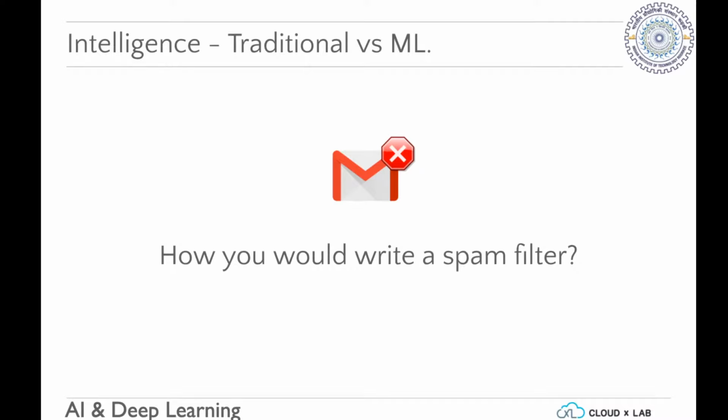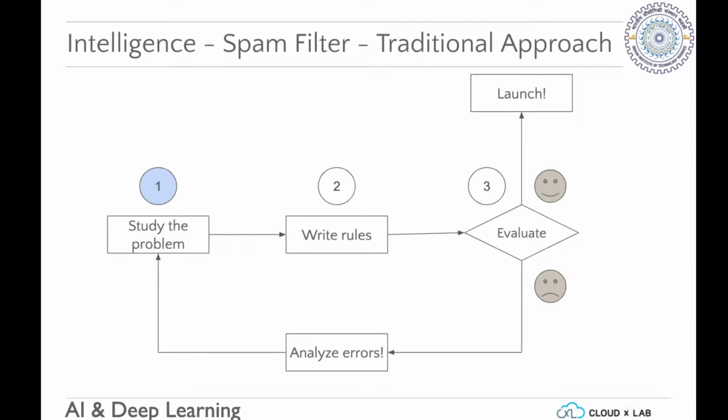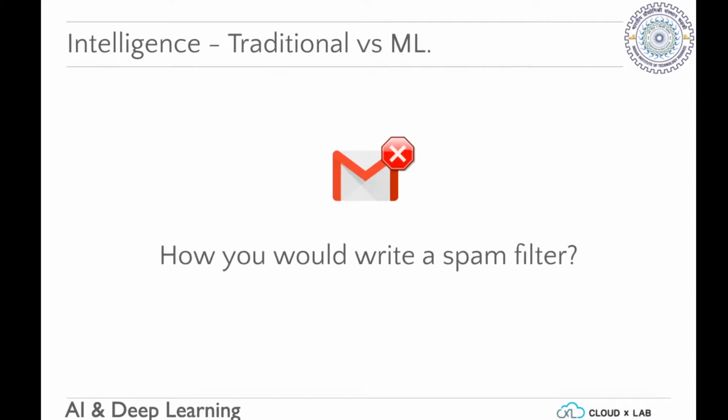Okay, now we're going to give you an example of intelligence which is possible with traditional programming and how we do it with ML. So let's take a problem that affects us all, a spam filter. What do we do in a spam filter?